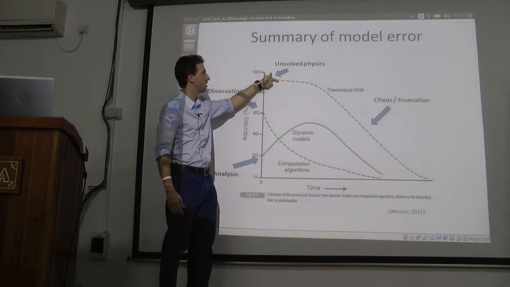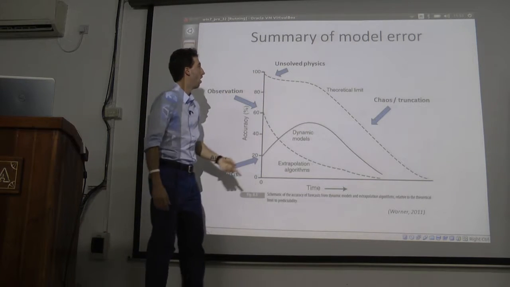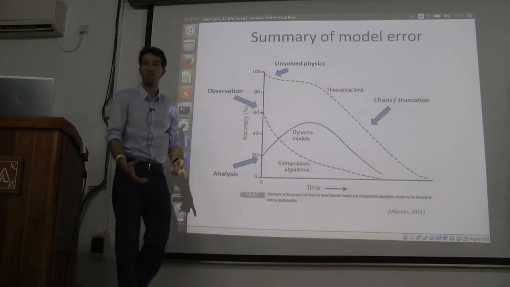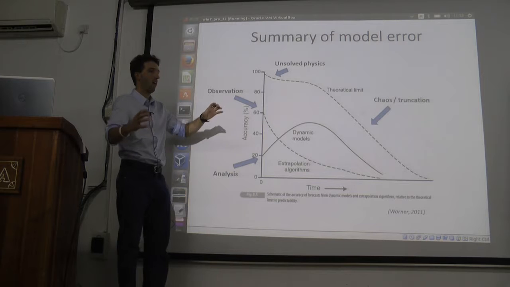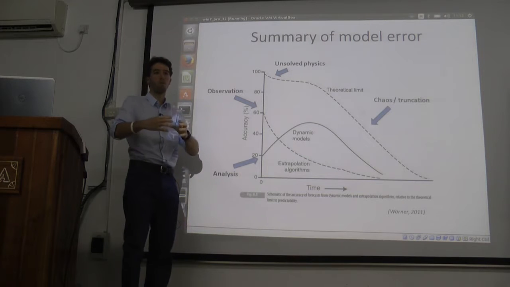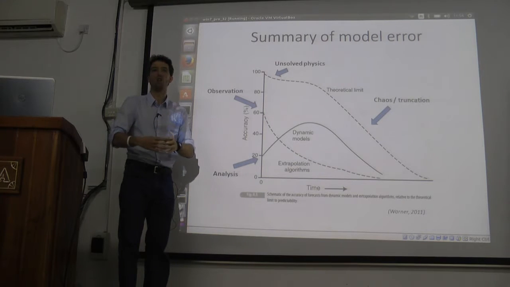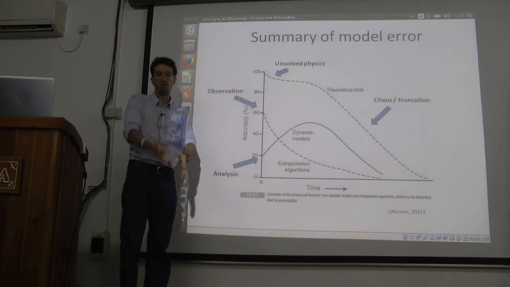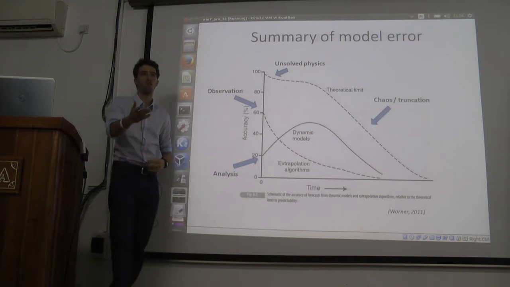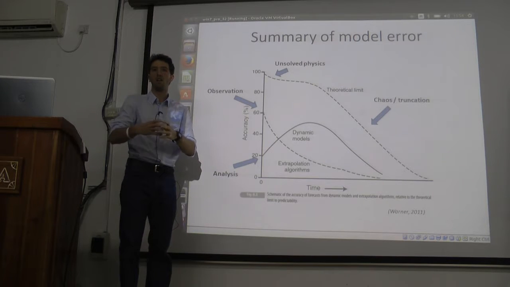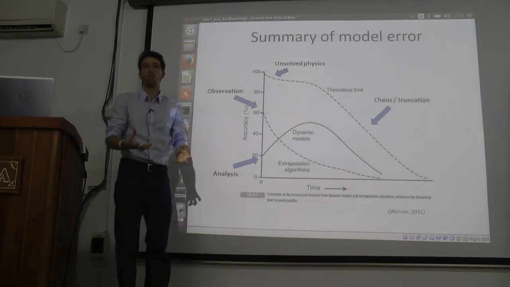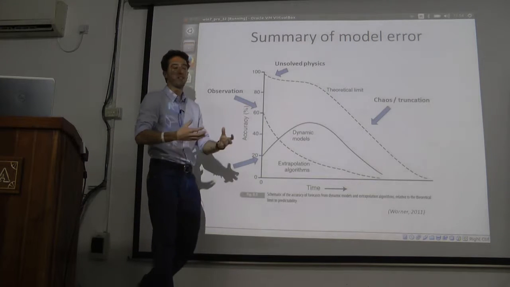First, it will decrease because of unsolved physics. Although the physics are perfect, you have problem of setting up the resolution. You can go to 50 meters resolution. I'll tell you that there are physics that happens in the molecular and you are not solving. So then it's always impossible.